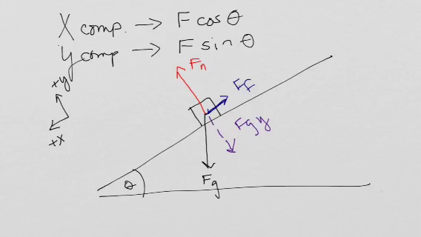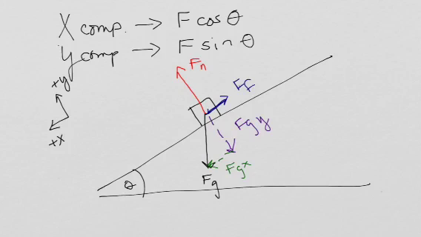The x component leaves the tip of the FGY and goes towards the tip of FG. So it is parallel to the incline and runs to the end of the FG arrow. So this is FGX.